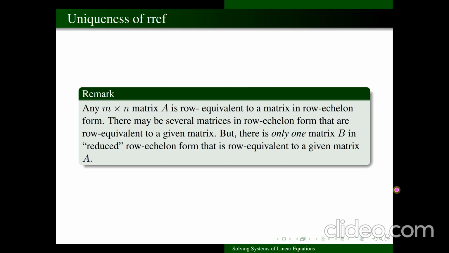Any m by n matrix is row equivalent to a matrix in row echelon form. In fact, there may be several matrices in row echelon form that are row equivalent to a given matrix. But there's a unique matrix B in reduced row echelon form that is row equivalent to a given matrix A.